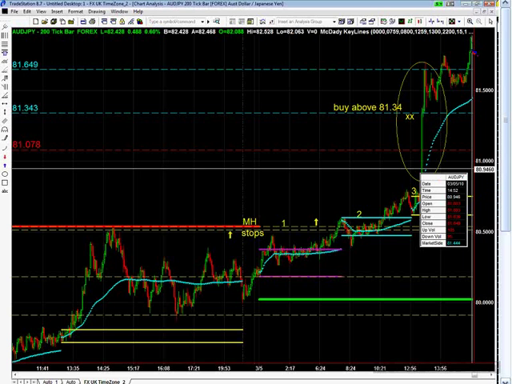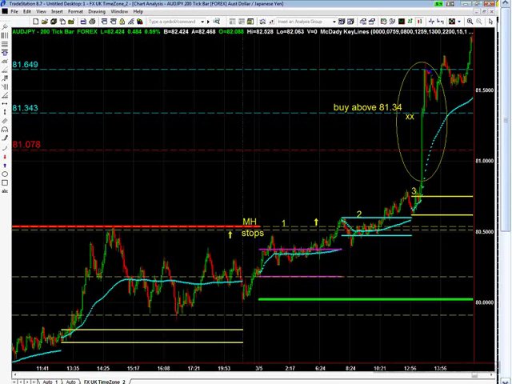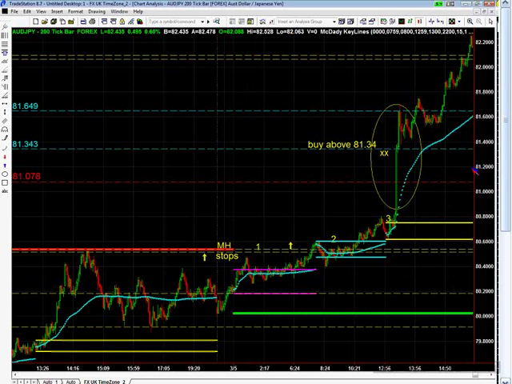And now you can see the move: you would have taken it at 81.65 and the high was 81.90. You would have made 35 pips, or 350 bucks, in about 15 minutes. And the reason this happened is by following the rules.